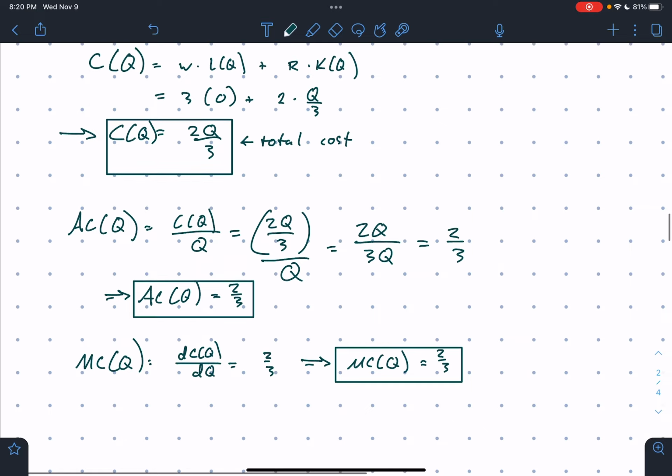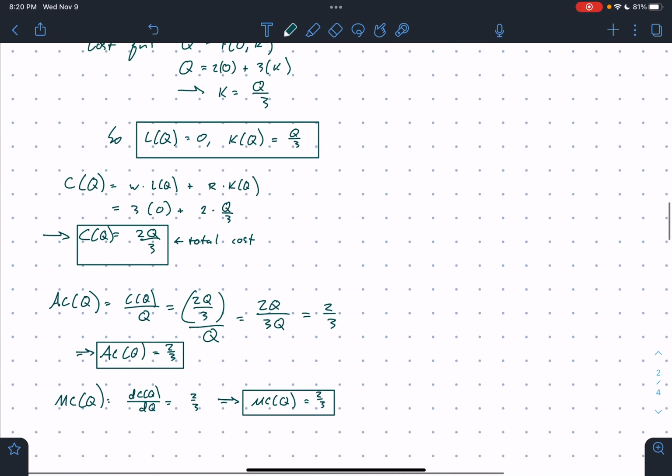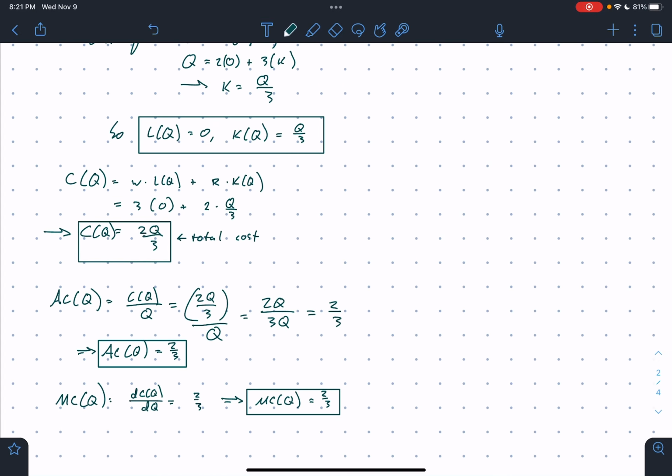Okay, so now that's just the summary. We found the optimal levels of each input, given an output level Q. Using those, we plug them in and found the cost function.